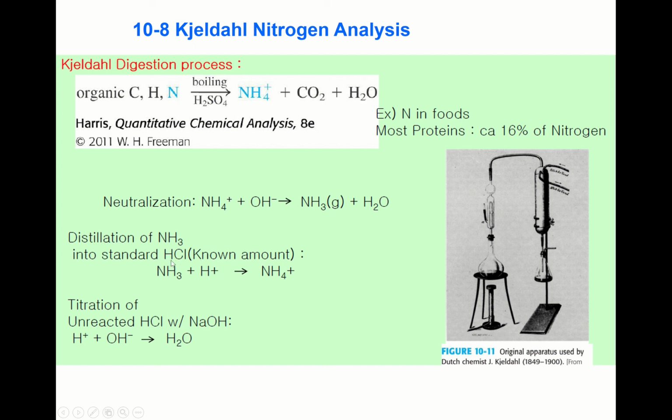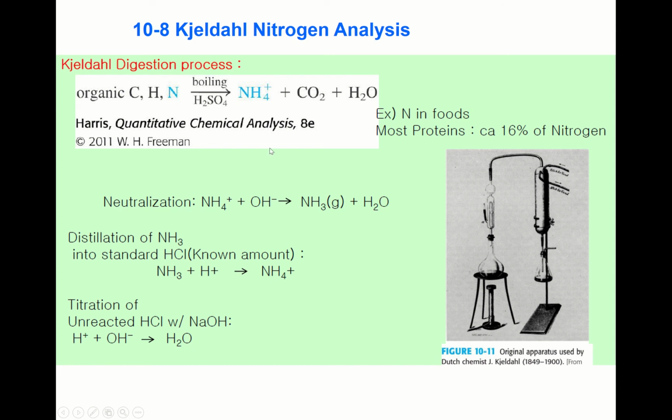That is important. Now the distilled ammonia gas reacts with a known amount of strong acid, HCl, so it becomes ammonium ion again. Since you added excess hydrochloric acid, there are excess protons, and then the unreacted proton is titrated with sodium hydroxide.